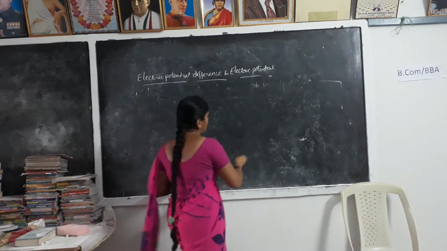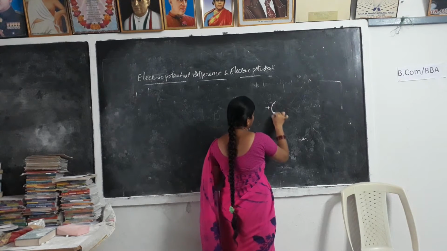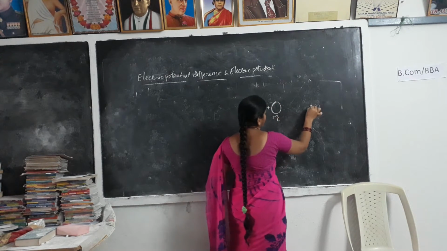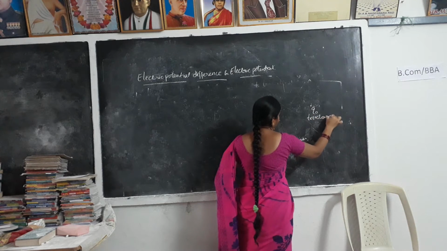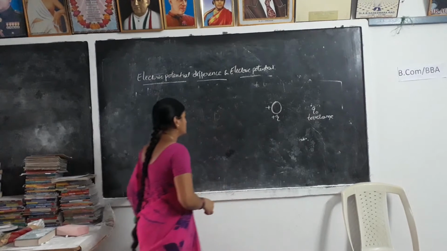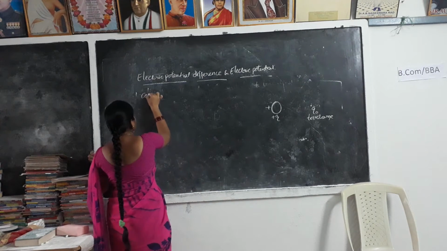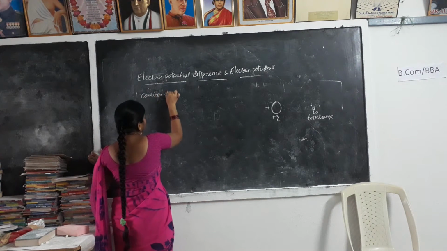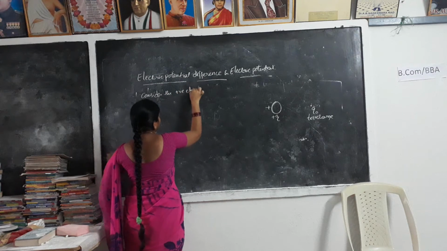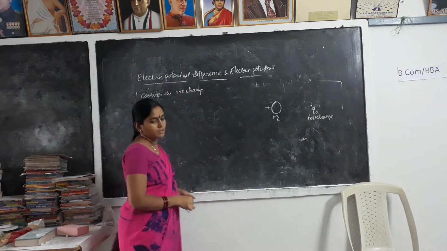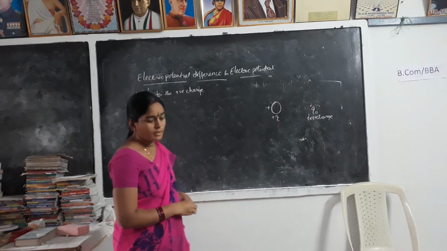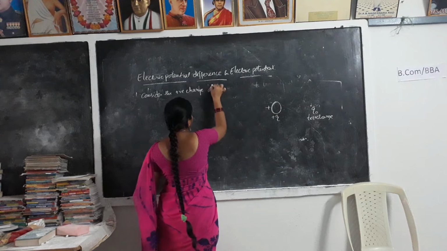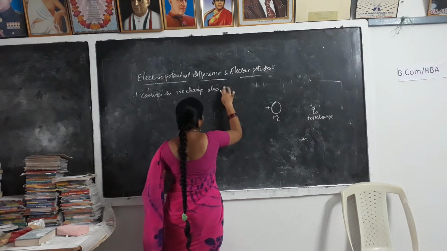One is positive charge plus Q, and another one is Q naught. This is the test charge, right? Consider the positive charge, and also the unit positive test charge Q naught.